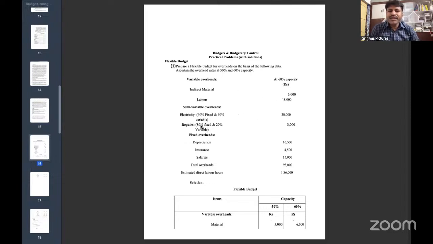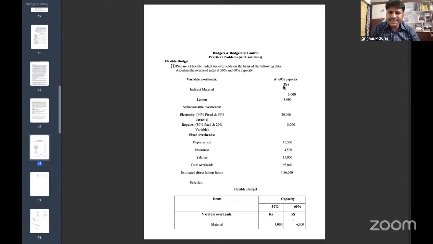Repairs also: 80% is fixed, 20% is variable. Out of the total 3,000, 2,400 is fixed and the remaining 600 is variable, which is 20%.